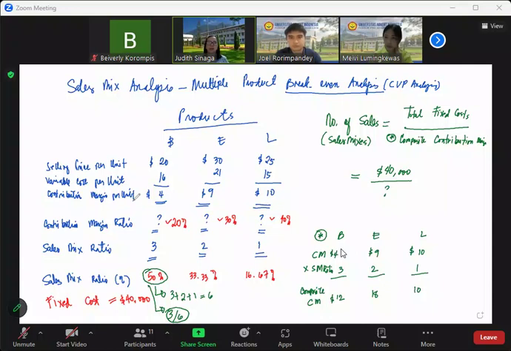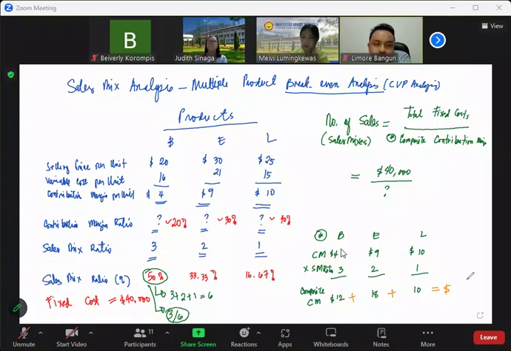Let's change the color. You add 12 plus 18 plus 10. So you get how much? 40. Yes. So you have $40 as the composite CM. Now you proceed to the formula.